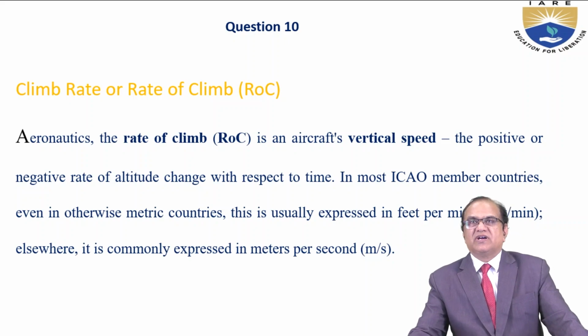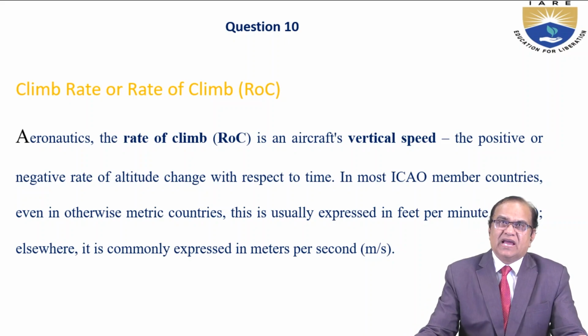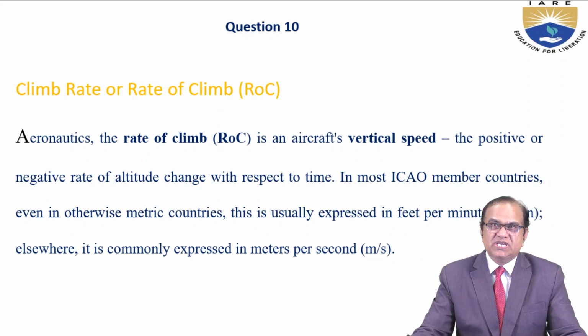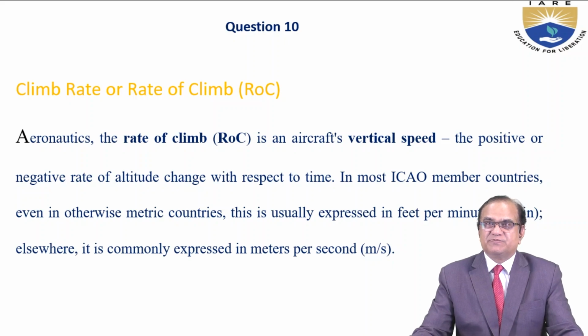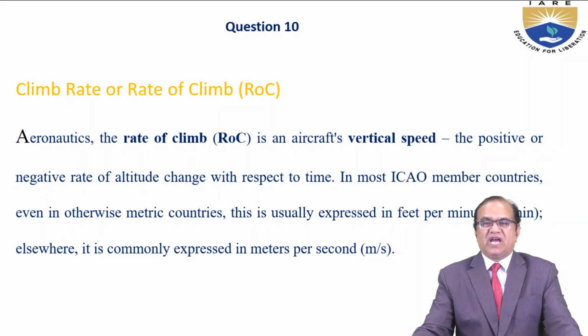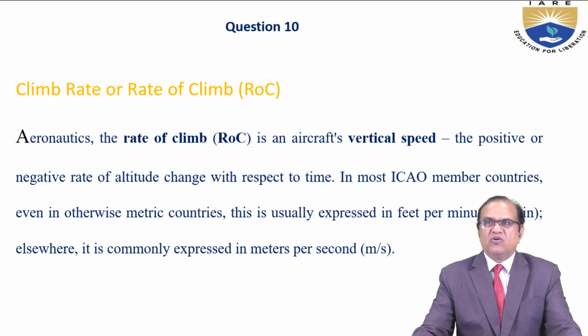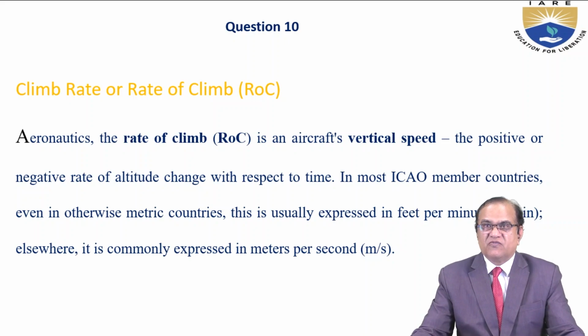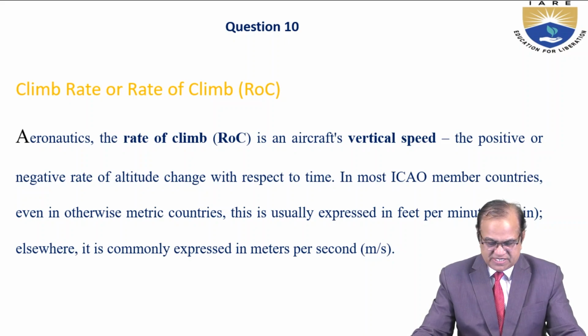Now we will go for question number 10, climb rate or rate of climb. In aeronautics, the rate of climb, that is ROC, is an aircraft's vertical speed, the positive or negative rate of altitude change with respect to time. In most ICAO member countries, even in otherwise metric countries, this is usually expressed in feet per minute, FPM.